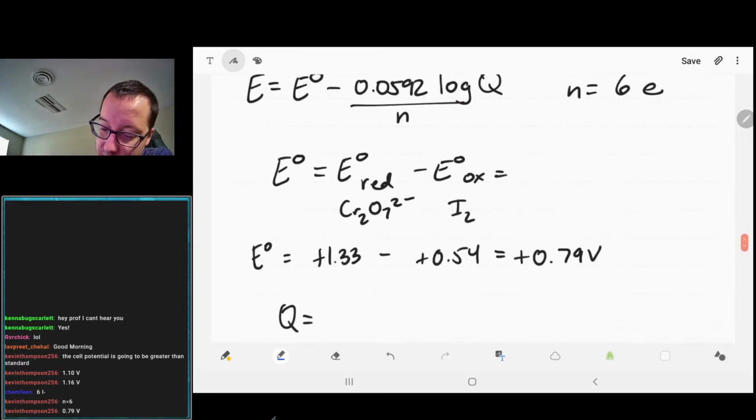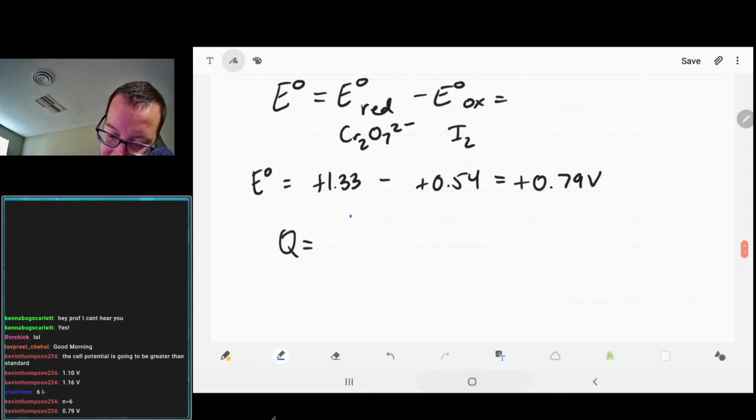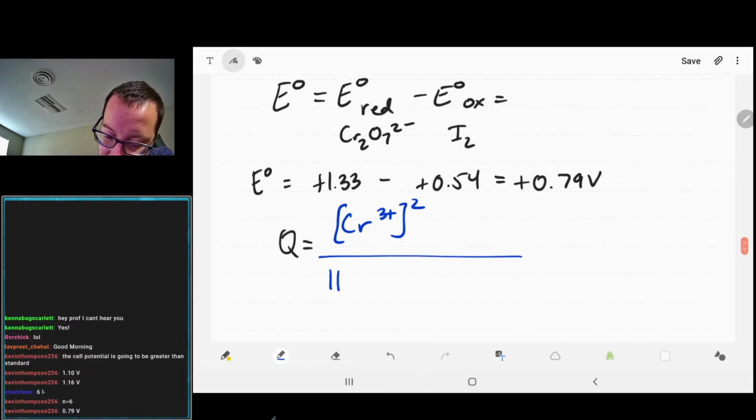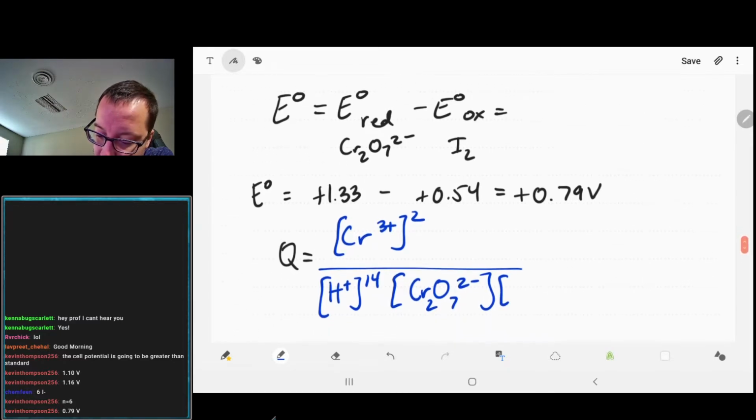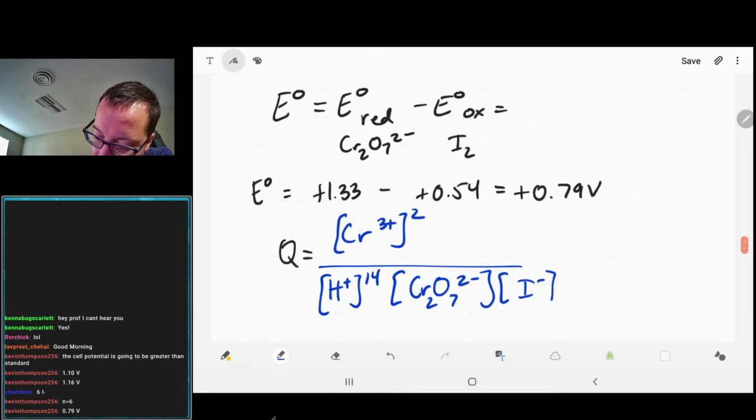So we've got the chromiums on top. We have the H plus on the bottom. We have the chromium or dichromate. And then, what was the other one? The iodine to the 6th power.